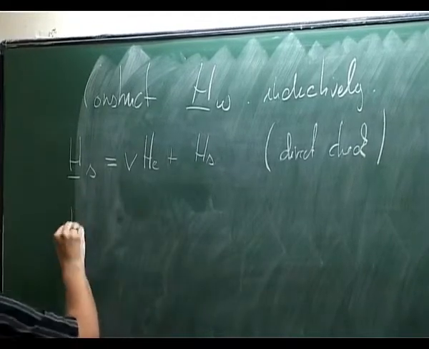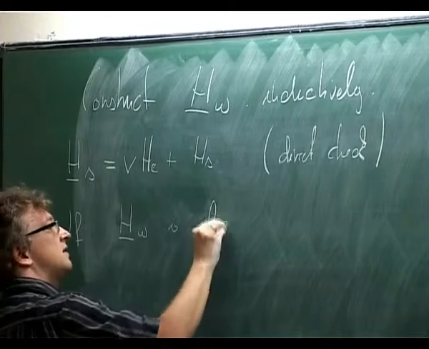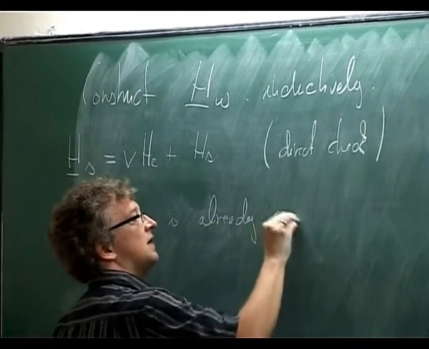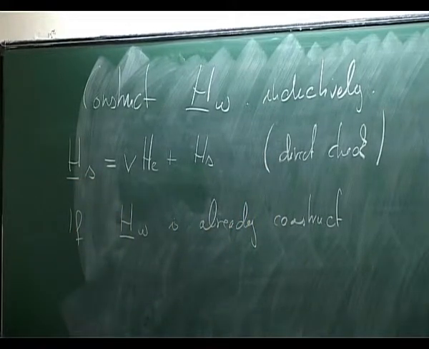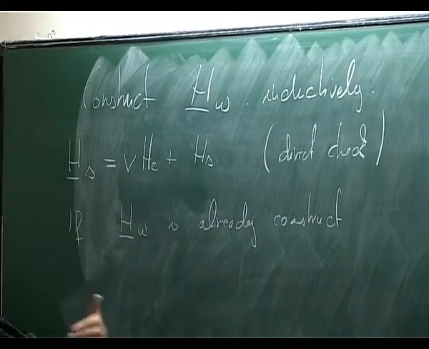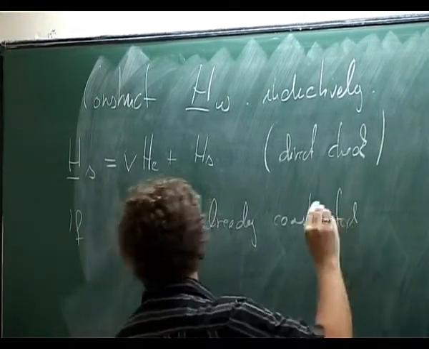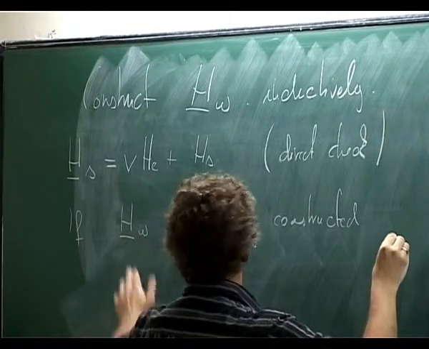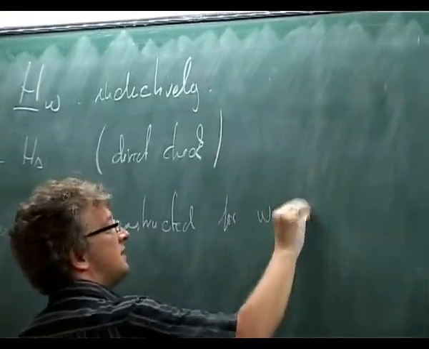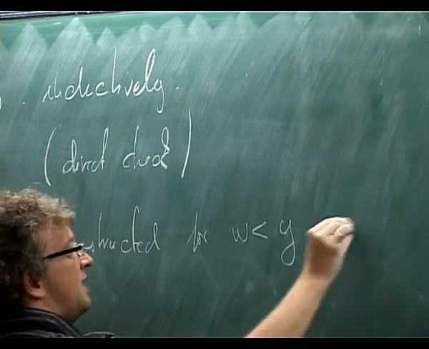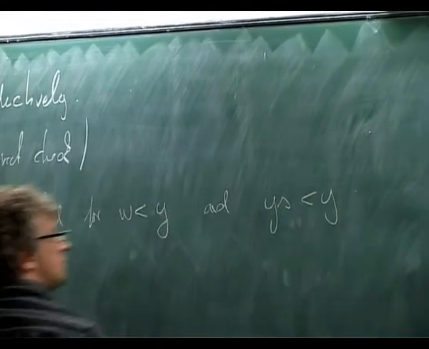if H underline w is already constructed, and induction goes on the length of w, for example, or on w in the Bruhat order. So if H underline w is already constructed for all w smaller than y, and suppose that ys is smaller than y, then you do the following.